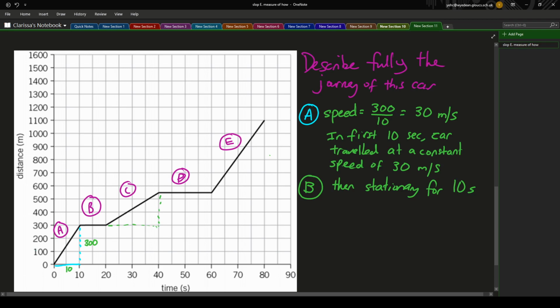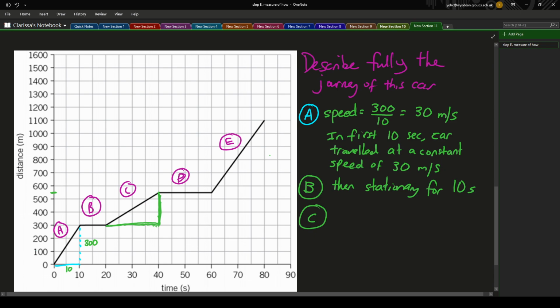Then it started going again, because now the distance has once again started increasing. Remember though, we want specifically change in y over change in x. So for the change in y in this case, once again, do not just read the graph number and put that in for y. The change in y is specifically the change. So you're almost like drawing a little triangle here to work out the actual gradient of this bit only.